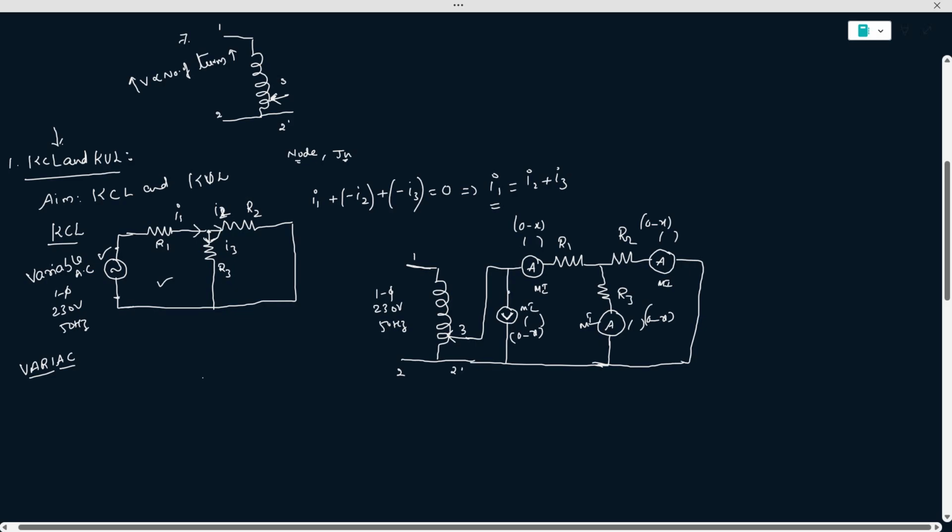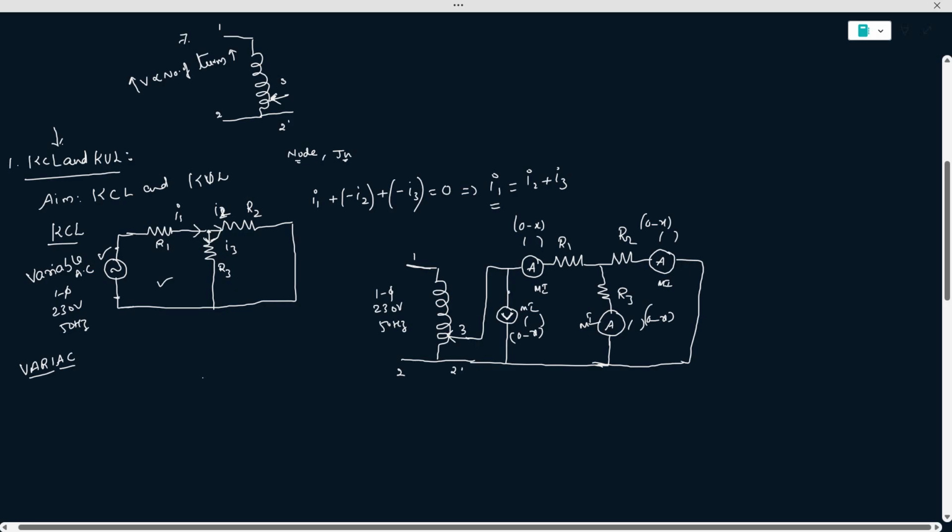Once you develop the circuit diagram for your experiment, it is very easy to connect all the elements physically. If you observe here, each individual symbol has terminals. Here in the area, 1, 2 and 3, and here 2 and 2 dash are seen.